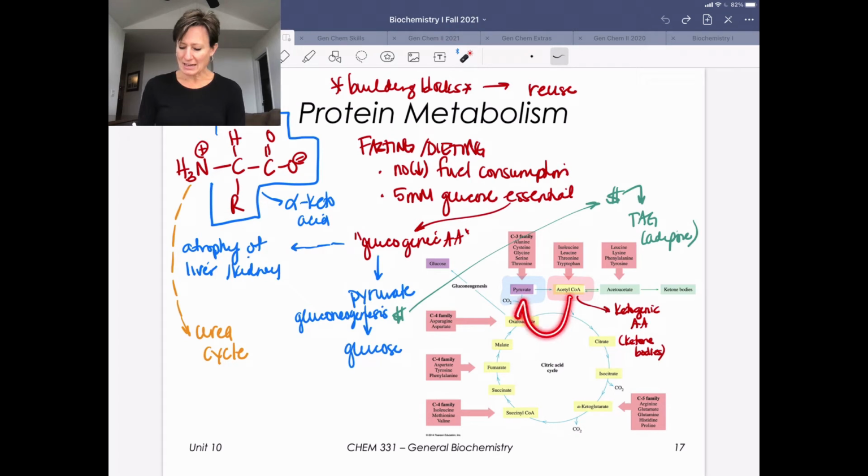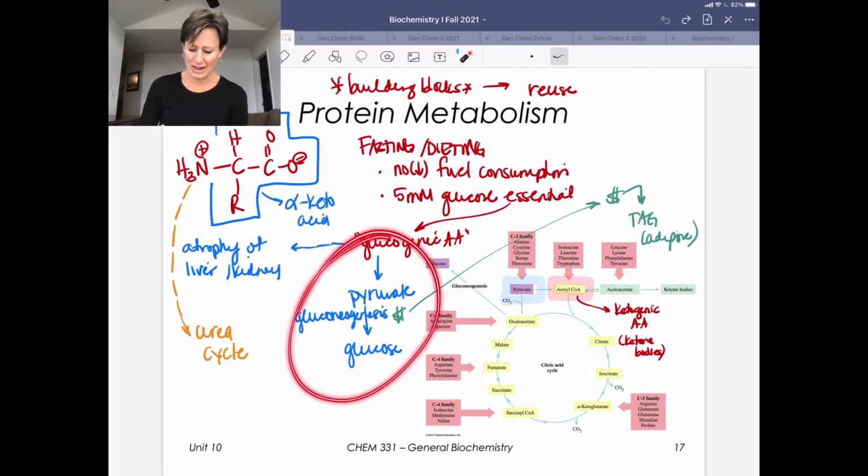Remember that we cannot convert acetyl-CoA back into pyruvate. The only fate for acetyl-CoA derived from those ketogenic amino acids is to convert them into ketone bodies, whereas glucogenic amino acids that can be converted into pyruvate can be siphoned off and used via gluconeogenesis to make glucose. So again, that's what's highlighted right here.